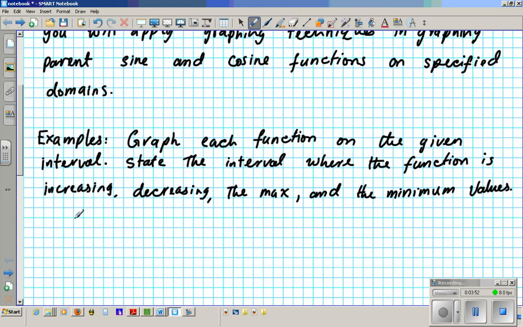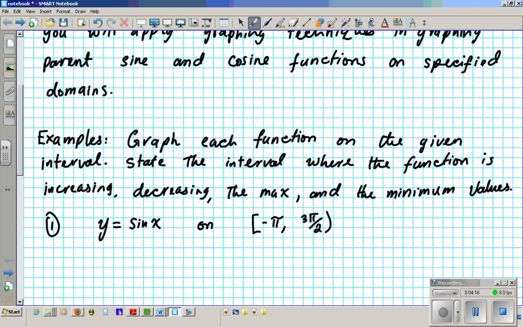So number 1, let's do y equals sine x on the interval negative pi to 3 pi over 2.